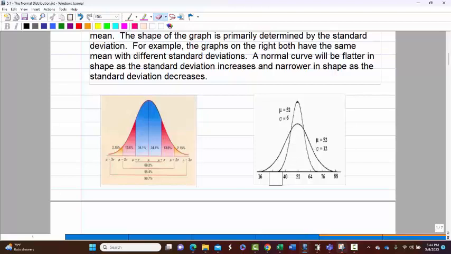Okay, that's a good question. And it's all based on the standard deviation. It's not the mean. The mean just sits there in the middle, but the standard deviation is what spreads it out. Because remember, that's what the idea of standard deviation is, how scattered your data is apart from each other. So actually, the smaller the standard deviation makes the graph taller and narrower.